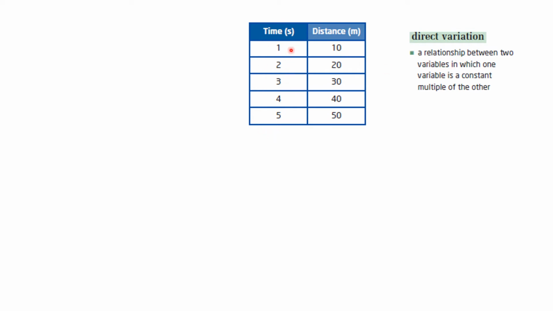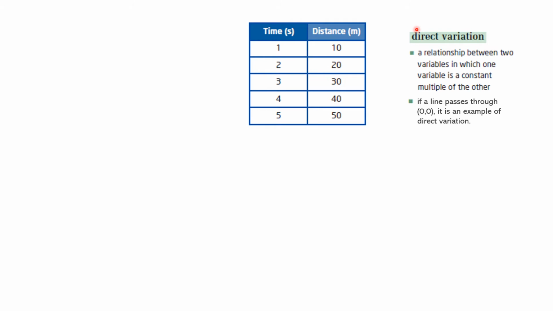In this case, we're going to have time and distance, in which one variable is a constant multiple of the other, meaning I'm constantly multiplying these numbers by the same number, a constant, to get to this number here. That's what direct variation is.